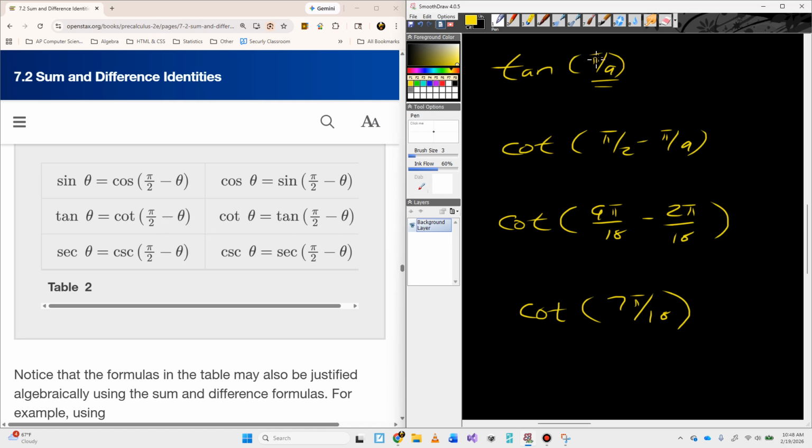So the tangent of pi over 9 is going to give me the same answer as the cotangent of 7 pi over 18. If that's what you needed to do to solve a problem, we can do that. In fact, I can take the cofunction of this value and I can get the tangent of that same angle, and I can go ahead and put that into a calculator. Or I can go ahead and use the properties of sine or tangent in order to split them up and get an exact answer.